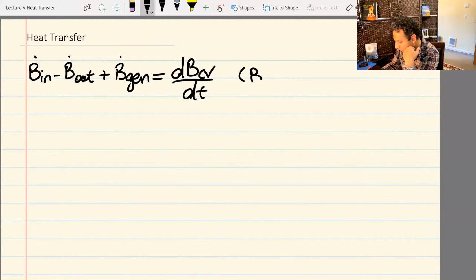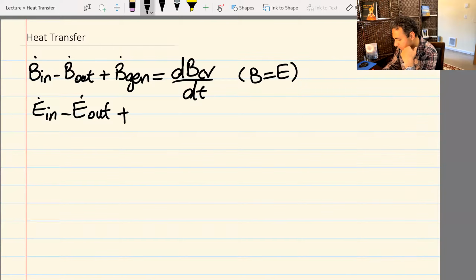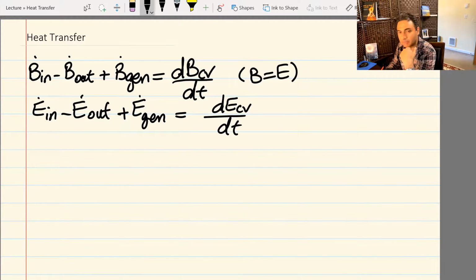We said B is supposed to be energy. So I have E dot in minus E dot out plus E dot gen equals dE control volume dt.